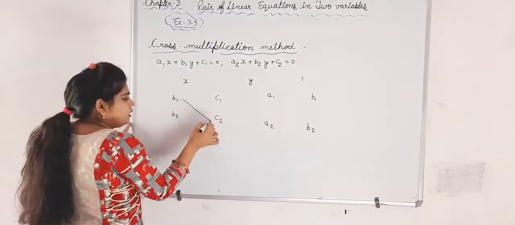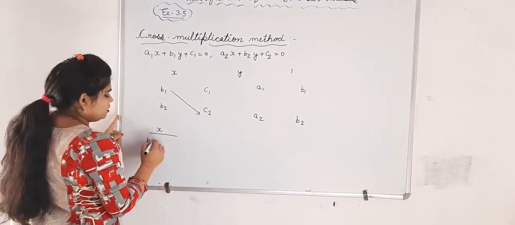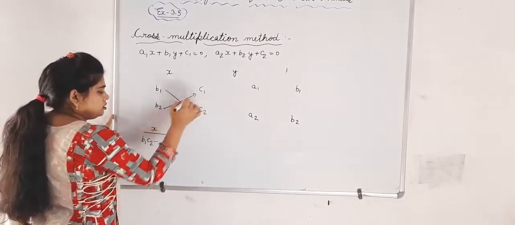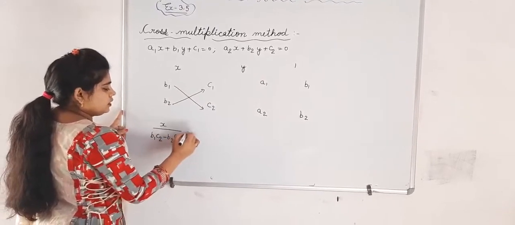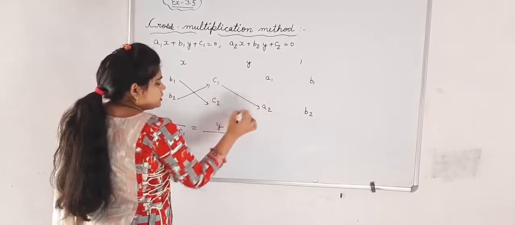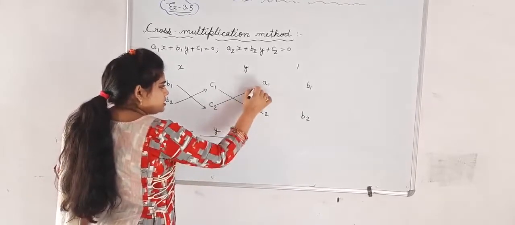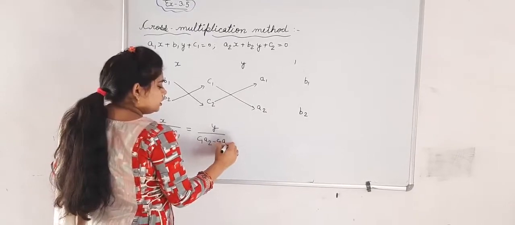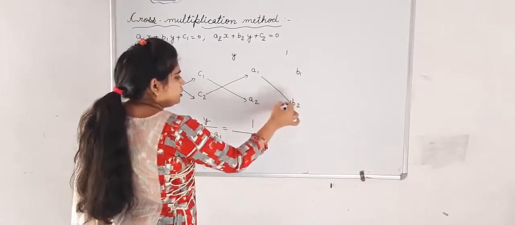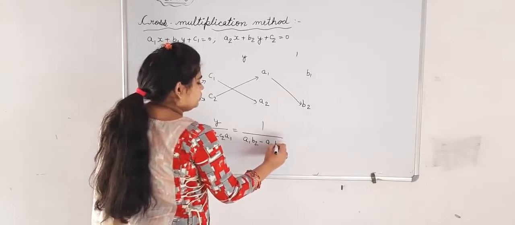Now, multiply it. x upon b1 c2, now from here to here, we will minus b2 c1, is equal to y upon c1 a2, now downside to upside, minus c2 a1. After this, 1 upon a1 b2 minus a2 b1.